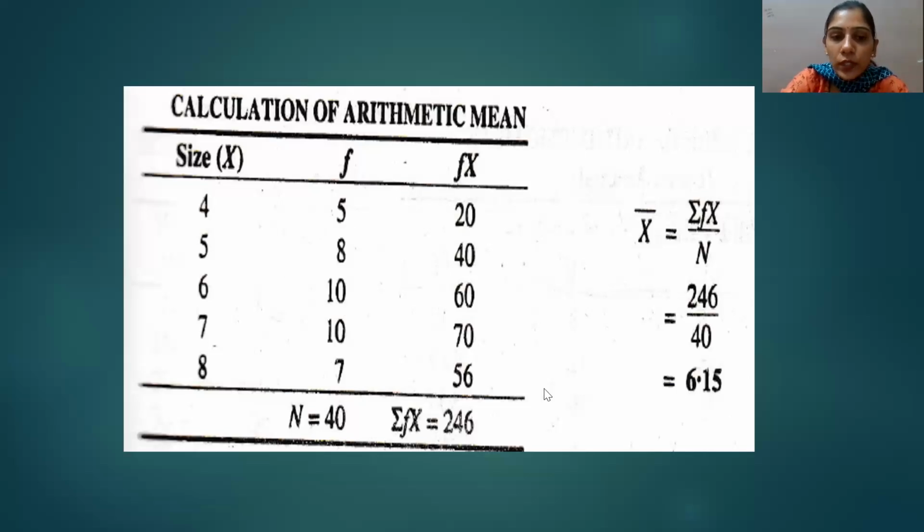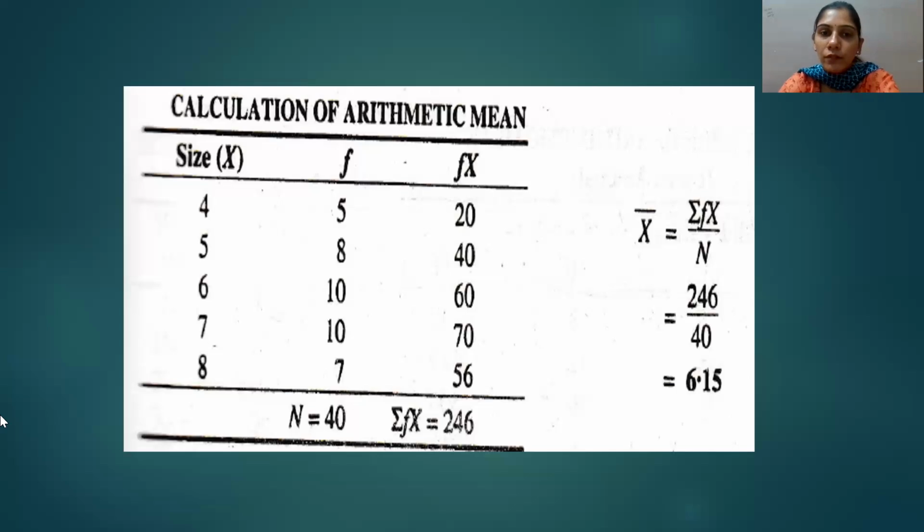So we have already calculated n, which is 40, and sigma fx, which is 246. Now we can put all these values into the formula, sigma fx upon n. When we do the calculation, 246 divided by 40, the arithmetic mean of the following table is 6.15.